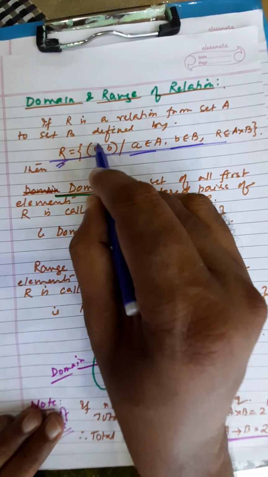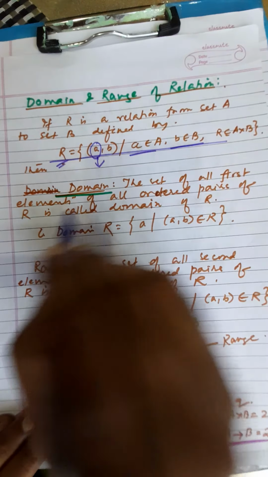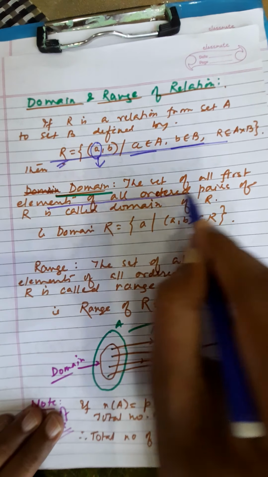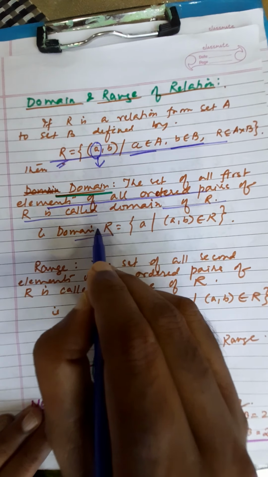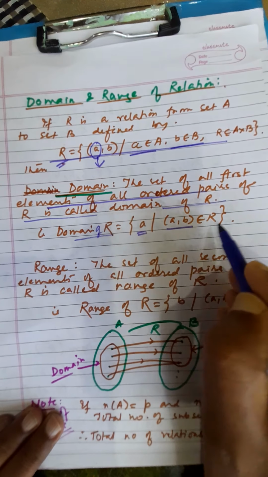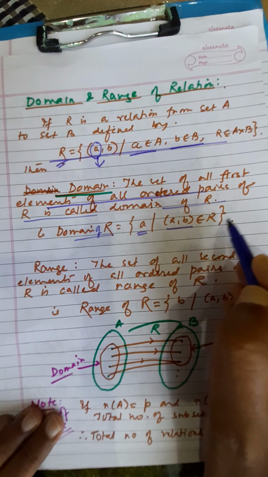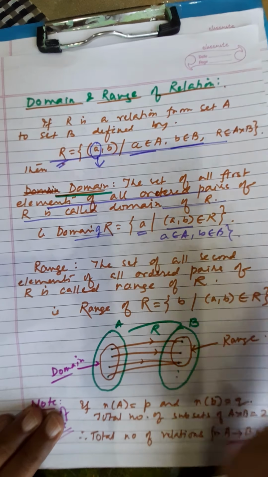The set of all elements of the first components of the ordered pairs is called the domain of R. That means domain of R is a such that (a, b) belongs to R, a belongs to A, b belongs to B. That we can also write here.